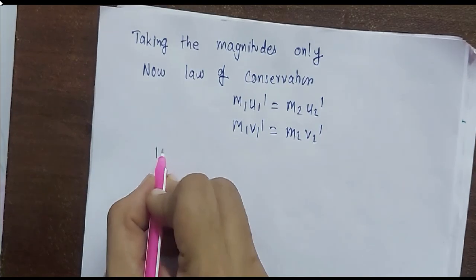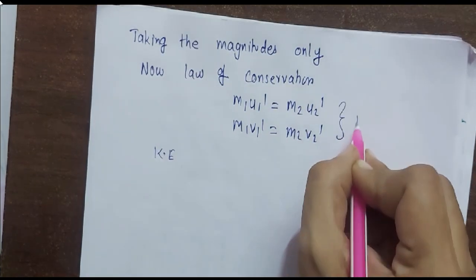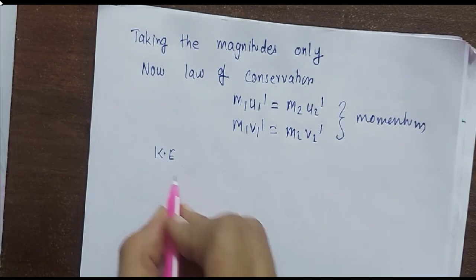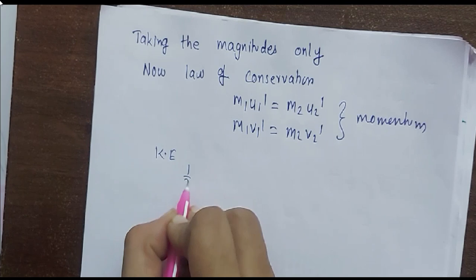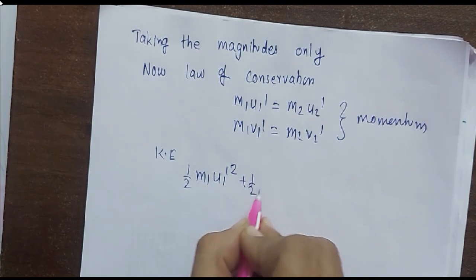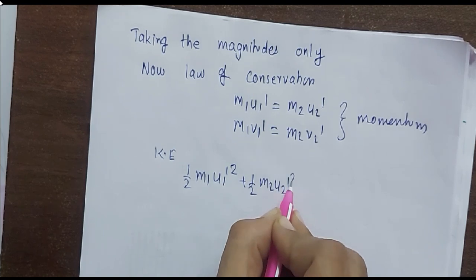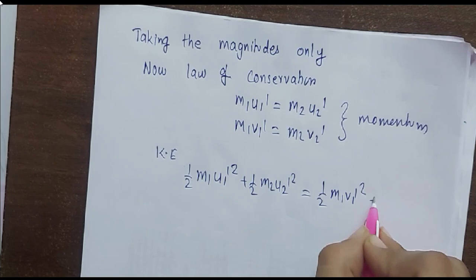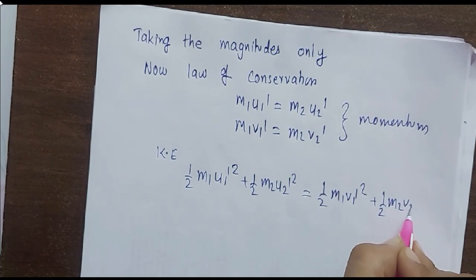This is for the momentum, and the kinetic energy we will write: half m1 u1 dash square plus half m2 u2 dash square is equal to half m1 v1 dash square plus half m2 v2 dash square.